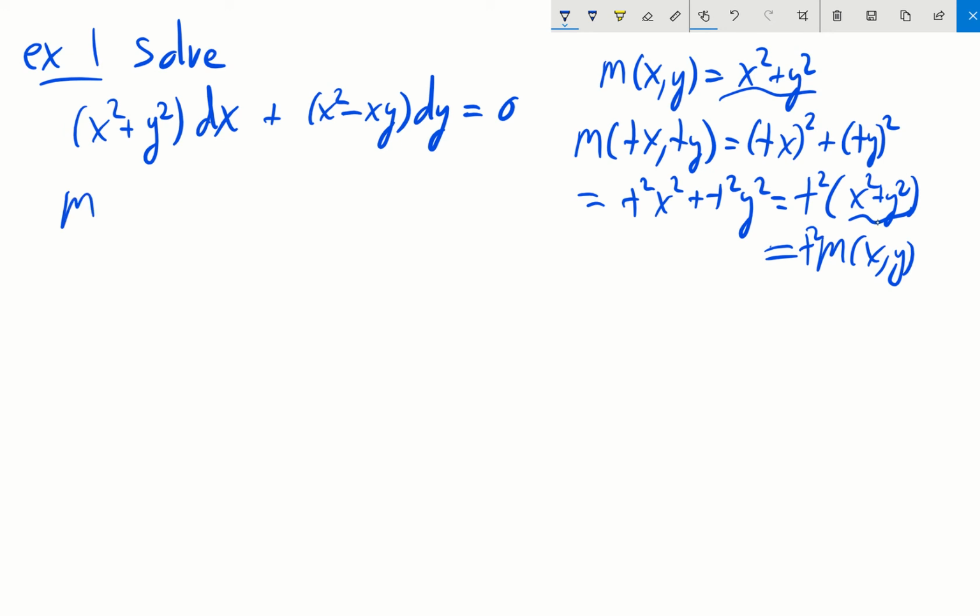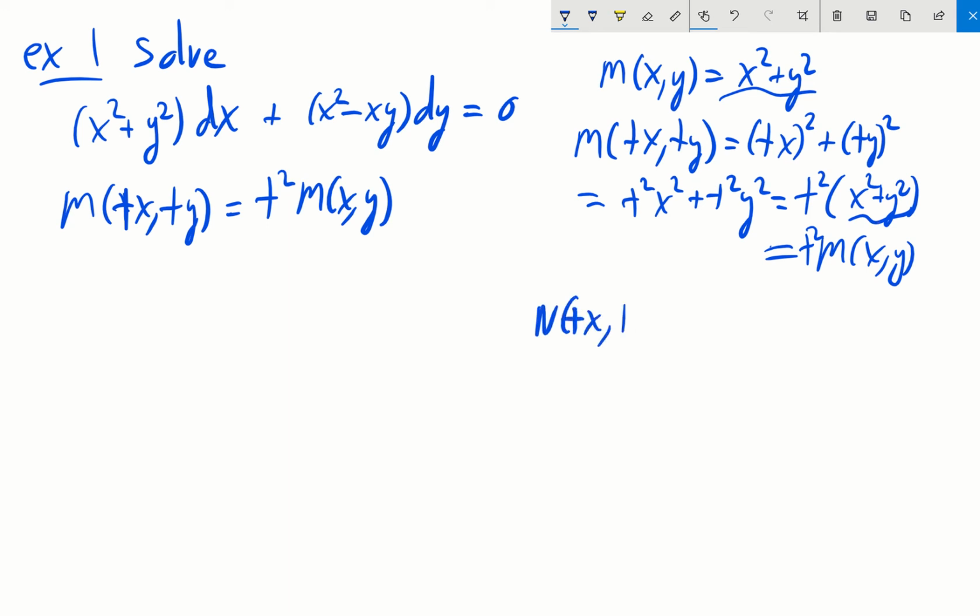So we know that M of tx comma ty is t squared M of x comma y. Similarly, if we look at N of tx comma ty, N of x comma y itself was x squared minus xy.